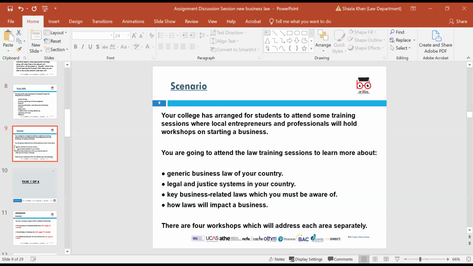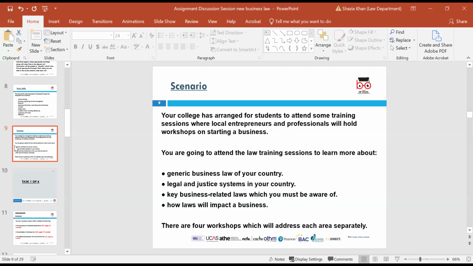So going on to the assignment, the scenario. Your college has arranged for students to attend some training sessions where local entrepreneurs and professionals will hold workshops on starting a business. You are going to attend the law training sessions to learn more about the generic business law of your country.